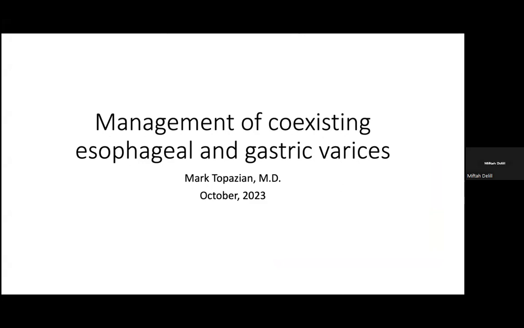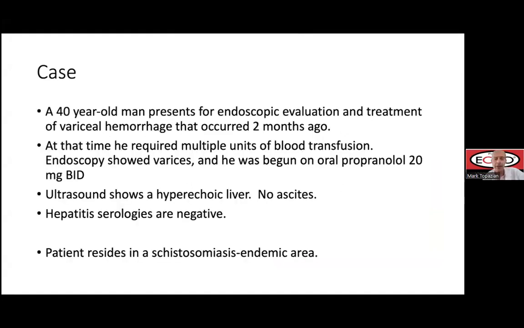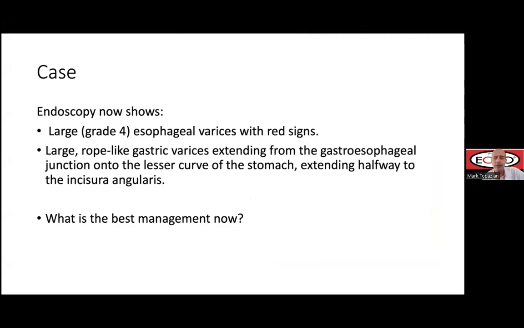All right. So this is the case. I already showed it to you, and I asked you what you would do, and we have a wide range of opinions here. The majority was to inject cyanoacrylate in the gastric varices and to band ligate the esophageal varices at the same time. That was 69%. 25% would do what I did, which was just to band ligate the esophageal varices.